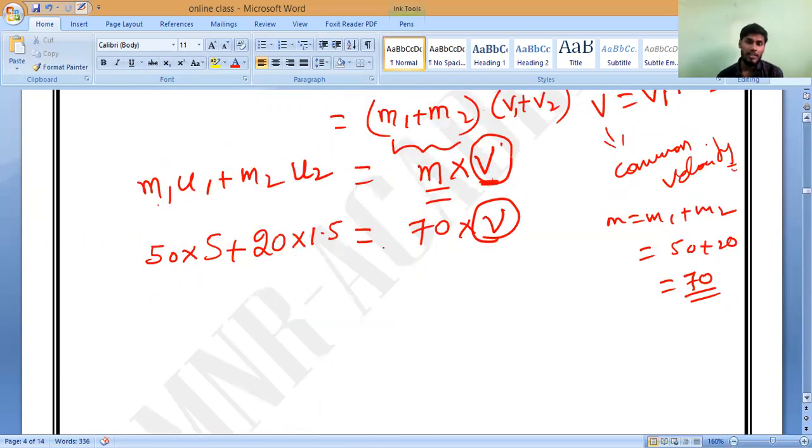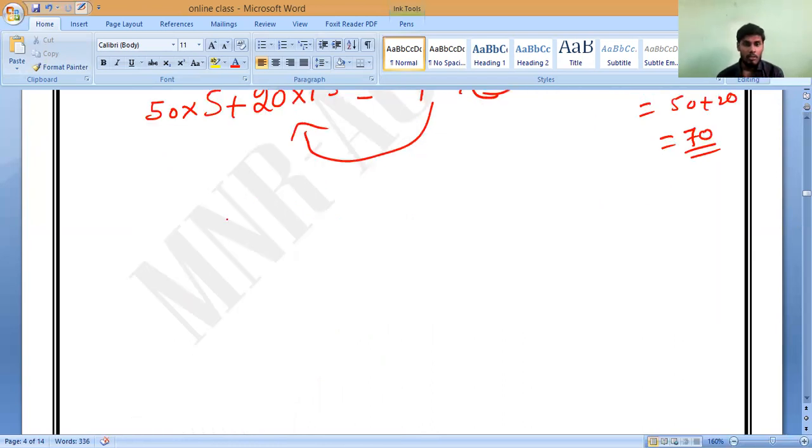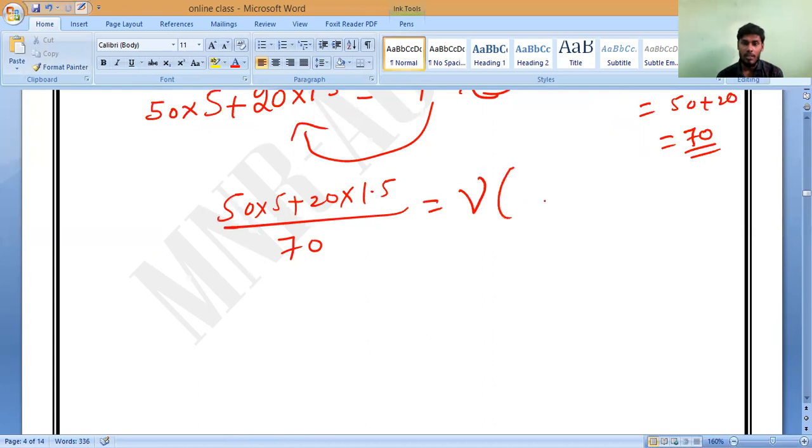Now 70 is in multiplication, so it will come to this side as division. So 50 into 5 plus 20 into 1.5, divided by 70, is equal to the common velocity. Correct or not? 5 fives are 25, means 250. 250 plus 20 into 1.5.